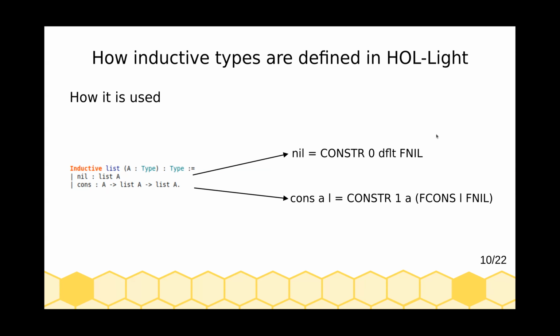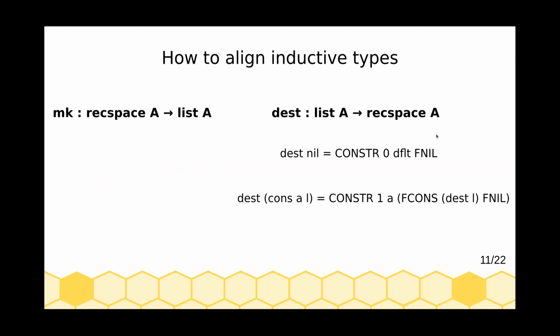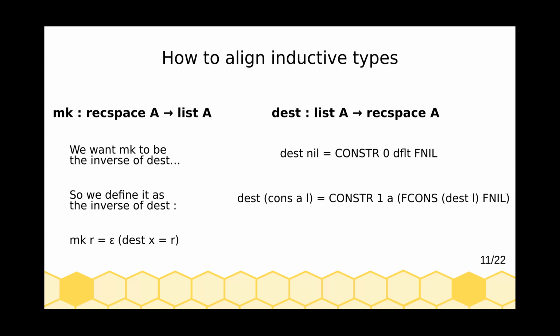And it so happens that we just defined one of such function. This is the representation of lists in rec space, so this is the correct function, defined recursively. And for the other function, the other way around, we want the inverse of this test function. Since we have access to epsilon, we can just use epsilon to define this inverse. So we can just take an element x for any r, such that test of x is r.